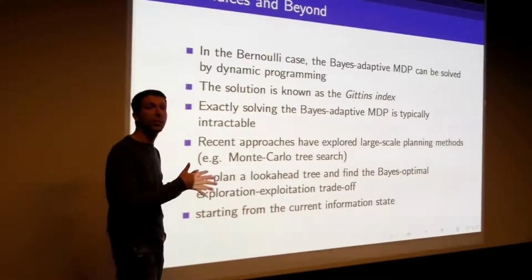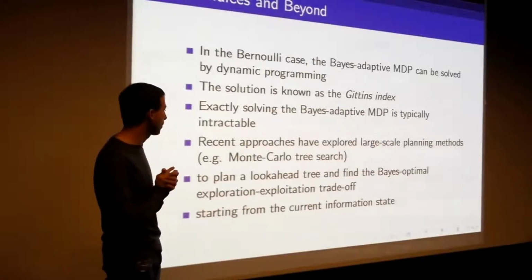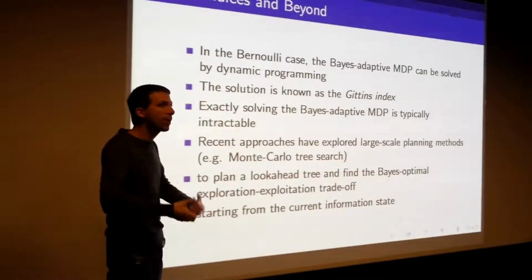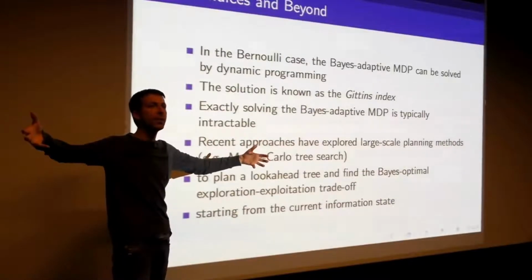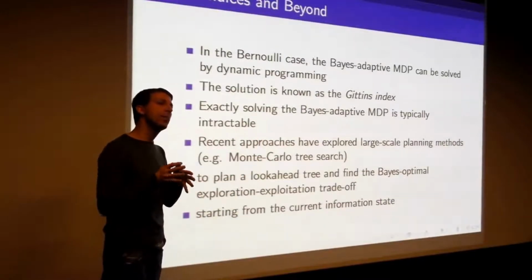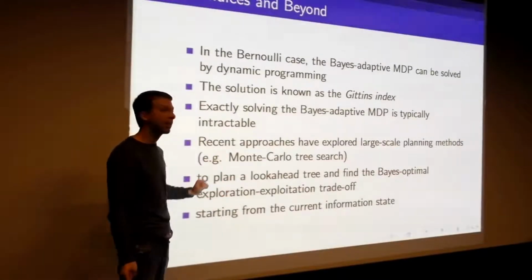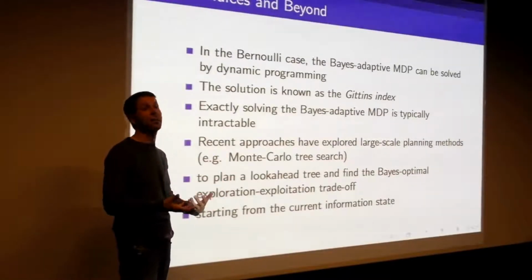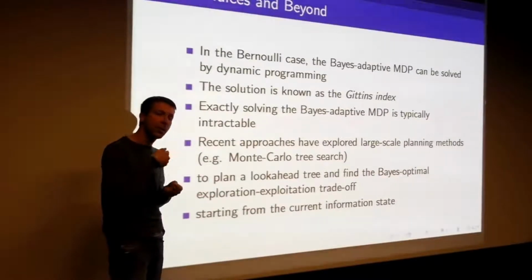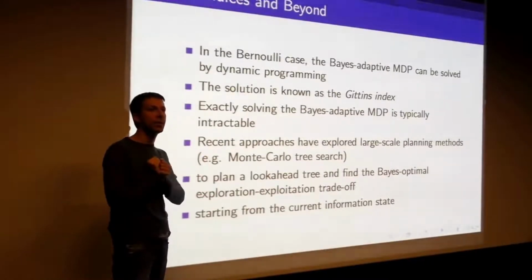That works very well in a lot of exploration-exploitation trade-off problems. So even though it might look like we've blown up our state space to something enormous, we can use planning methods that are very effective in large state spaces, like Monte Carlo tree search, to still find approximately a very good solution, and so approximate the best possible trade-off to the exploration-exploitation dilemma.